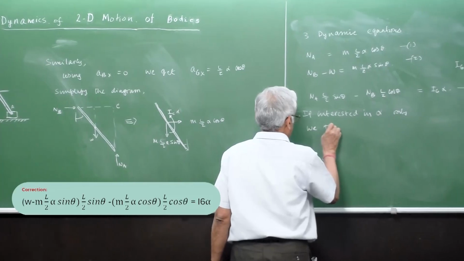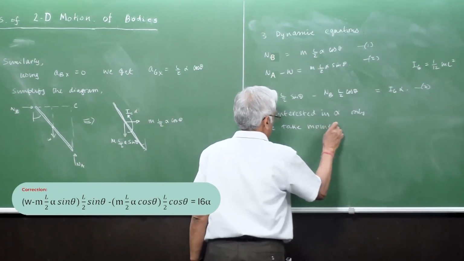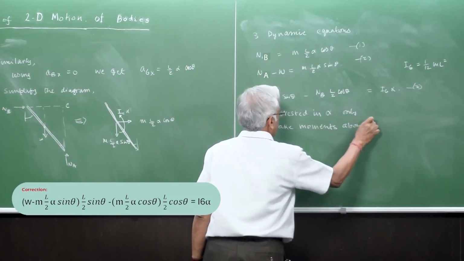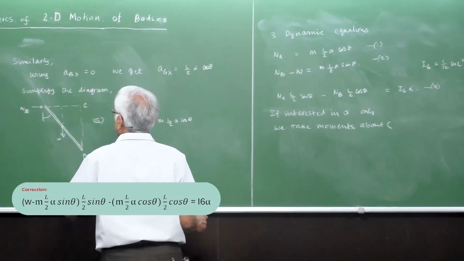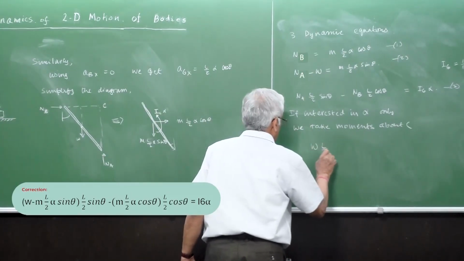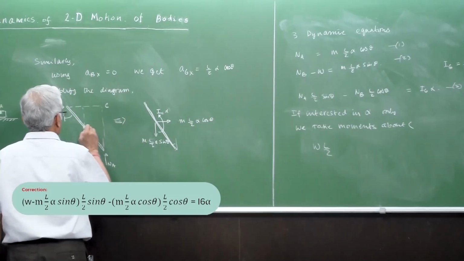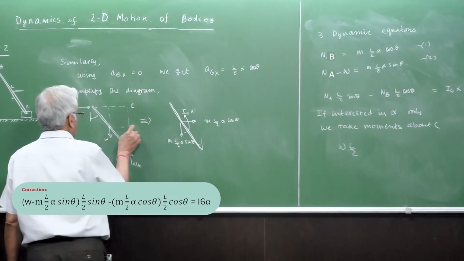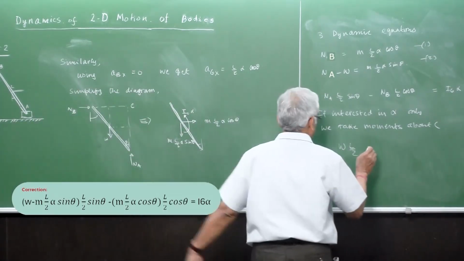We take... so if you take the moments about C, then it's only W, L by 2, and this is L by 2, and this distance is L by 2 sin theta.